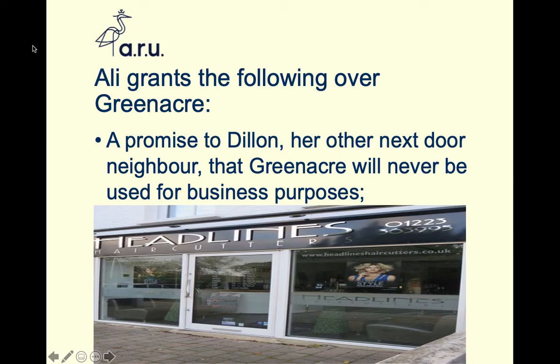So they have an interest in it. There's a covenant placed upon it to stop it being used for business purposes, and they will be able to protect that. So that covenant is a promise between Ali and Dylan. It's for Dylan to protect it and enforce it. It's a promise given to them.